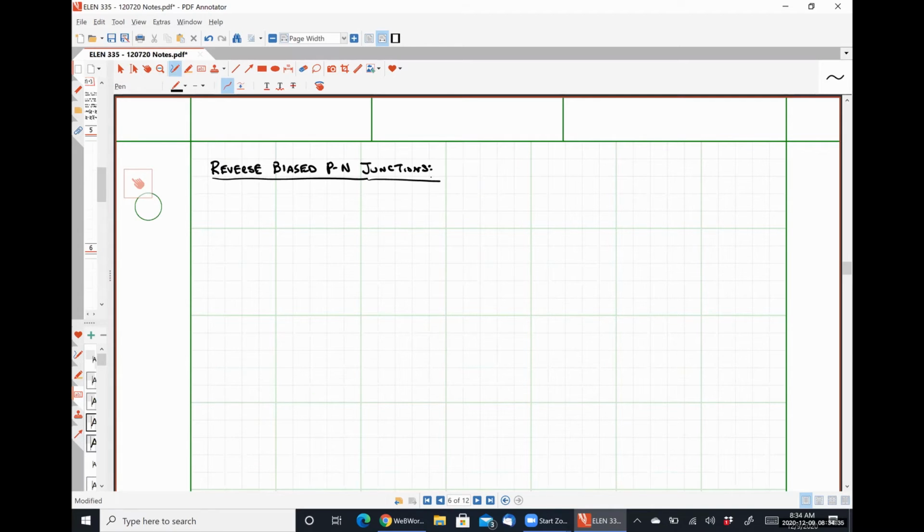In a reverse bias PN junction, we have our basic PN junction.